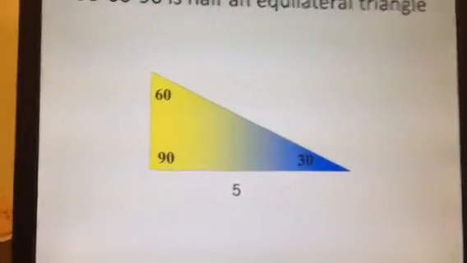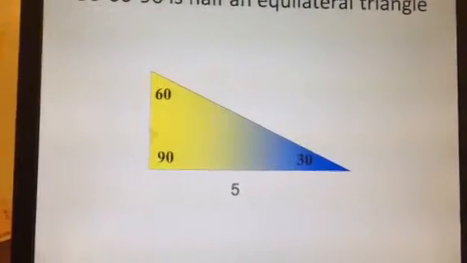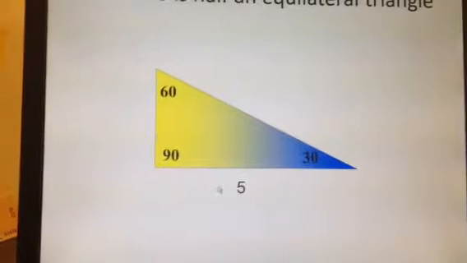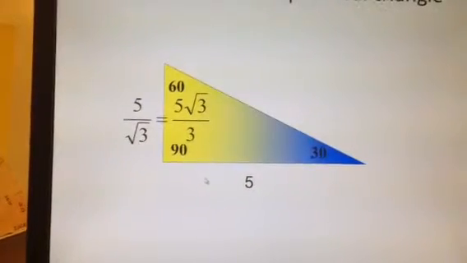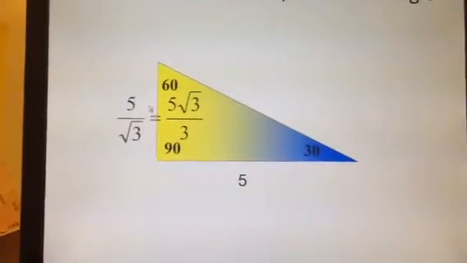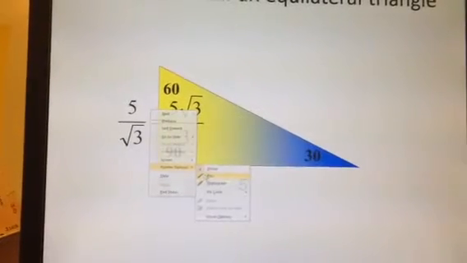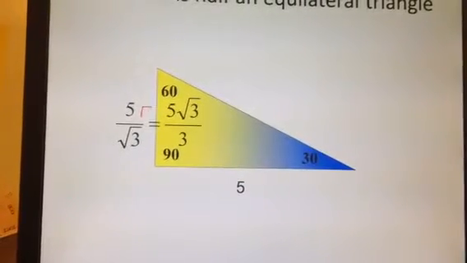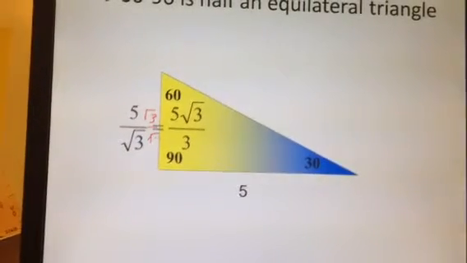All right. If this is 5, so this is a calculation problem. What do I have to do to get back here? We know it has to be smaller. And we know when we're going in this direction, we're multiplying by square root of 3. So going backwards, we must divide by square root of 3. And then we have to do that same kind of trick before. I don't show it here, but basically what I'm doing is multiplying by square root of 3 over square root of 3, which is just 1.